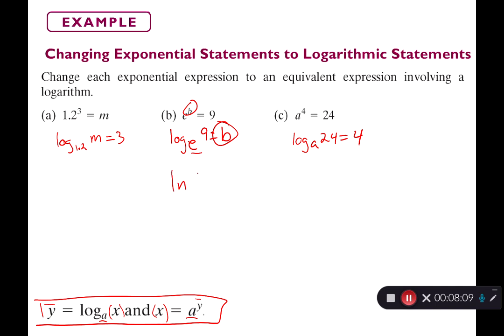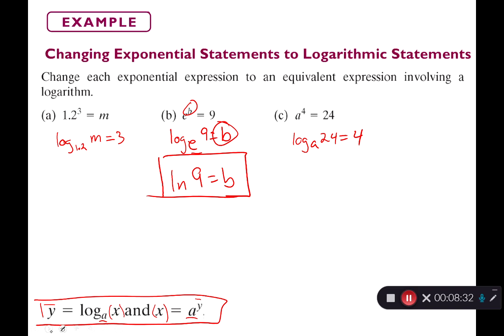So you could rewrite b as ln of 9 equals b. I do want you to eventually get here. This is the final answer that I definitely want to see, and I probably would take off points if I didn't see you rewrite it in this form.